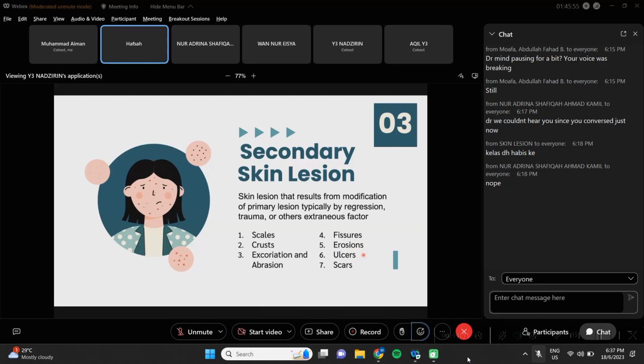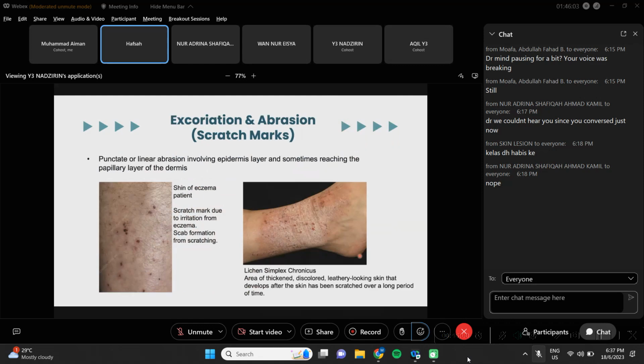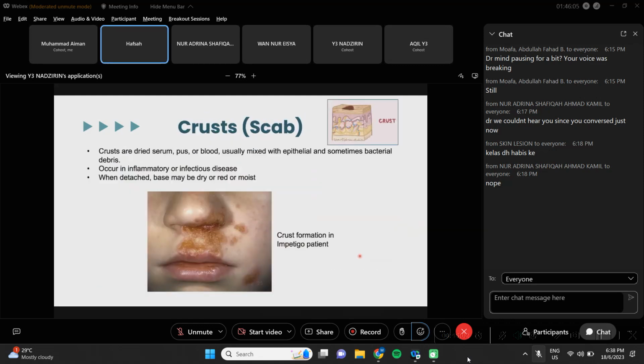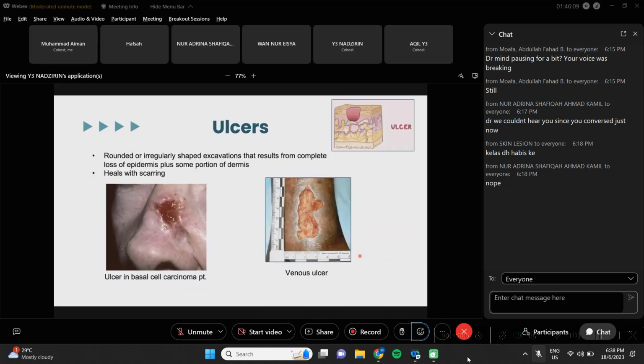So what is an ulcer again? Okay, what is the definition? Rounded, irregularly shaped excavation that results from complete loss of epidermis. So with complete loss of the epidermis, and some portion of dermis.